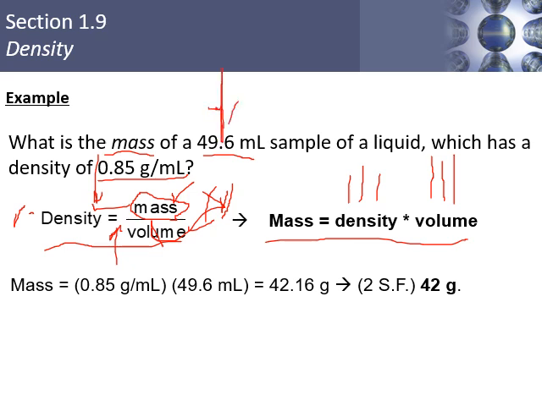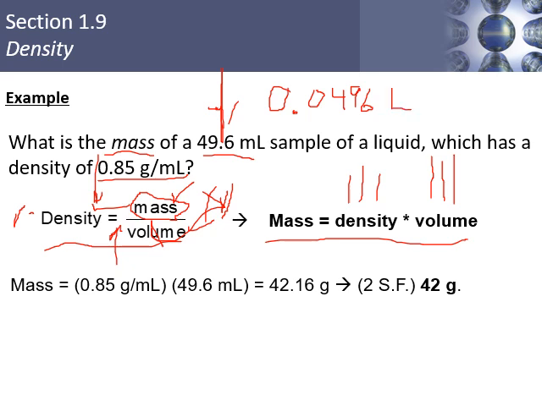So for example, here, they could have given you 0.0496 liters. So part of your problem would be, if this is in liters, how many milliliters is that? Well, you use your conversion factor.